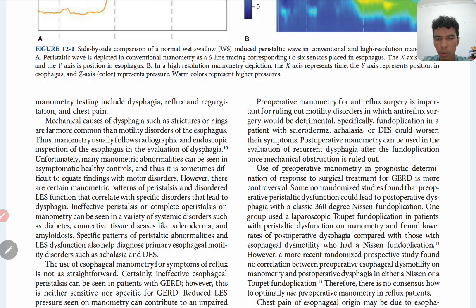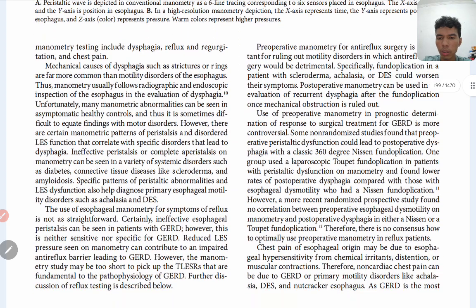Ineffective peristalsis or complete aperistalsis on manometry can be seen in a variety of systemic disorders, such as diabetes, connective tissue disease, scleroderma, and amyloidosis.